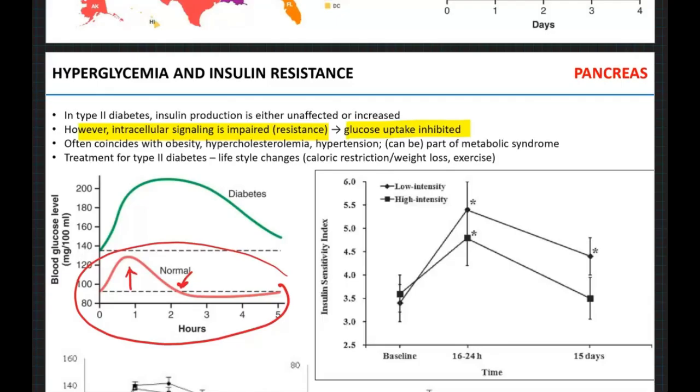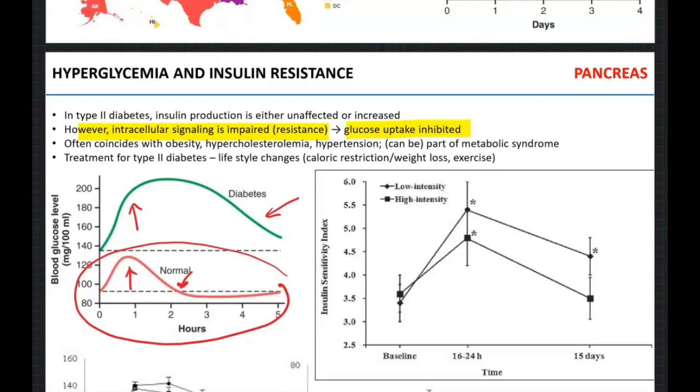In people who are insulin resistant, you give them glucose, the glucose spikes and stays up for an extended period of time, because, like in the boy who cried wolf fairy tale, these receptors do not respond to insulin.